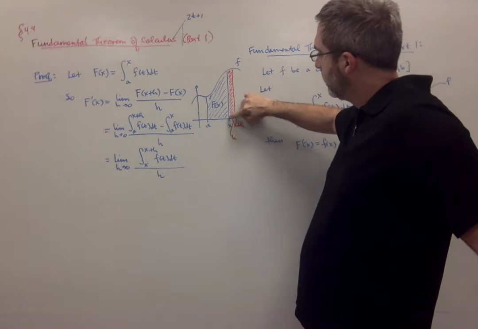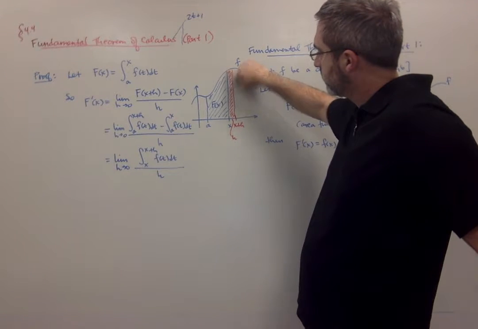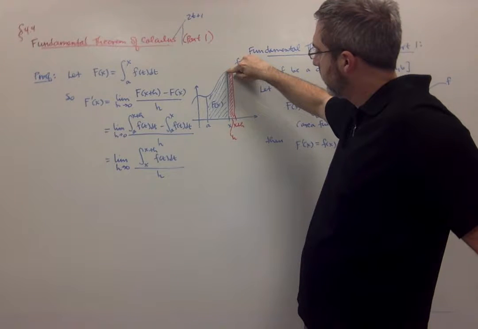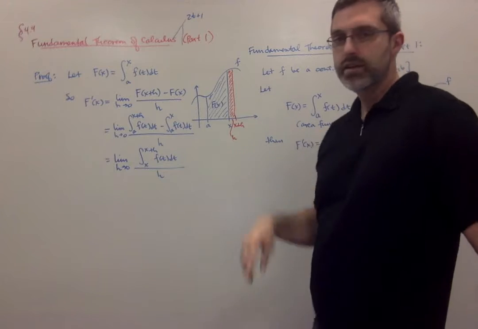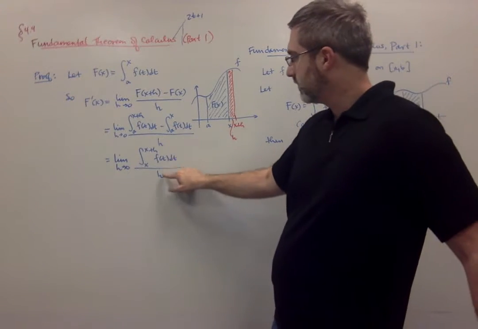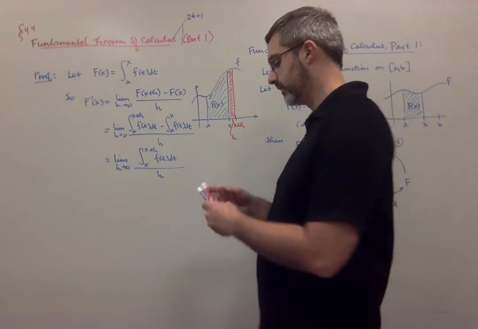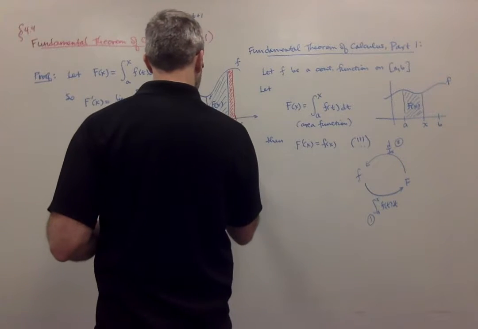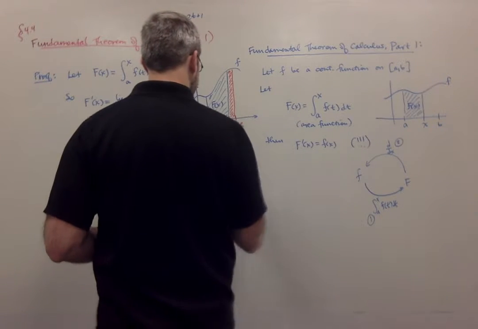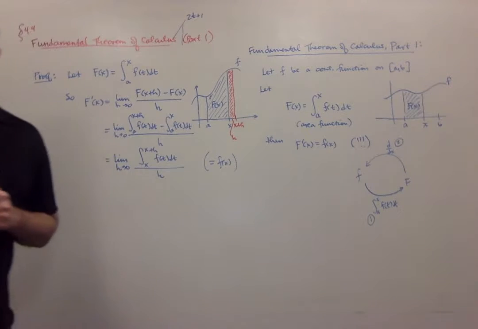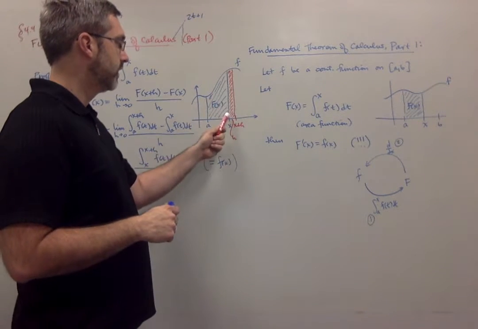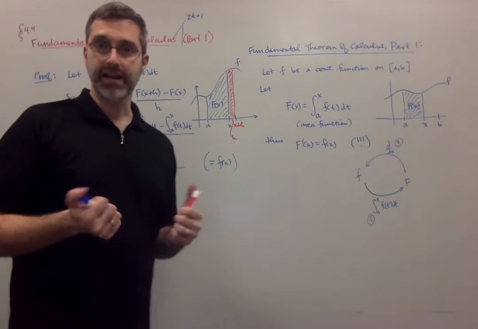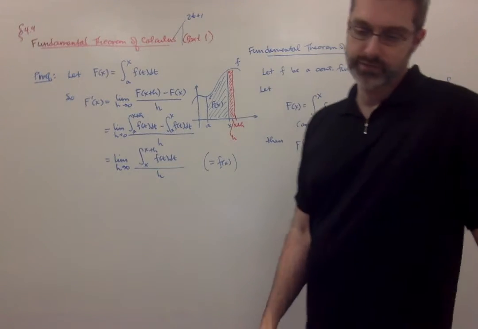And the height is basically f of x. Right here's x, and when I plug x in the function, I get f of x. So height times width really is area. So if I take the area divided by the width, this should equal the height. And that's just what we need to prove. Okay, but conceptually, hopefully you can see that. The area divided by the width is going to be the height, basically the height of the function.